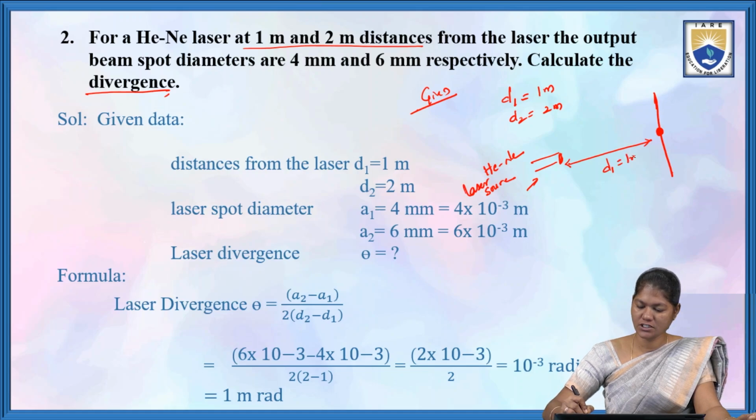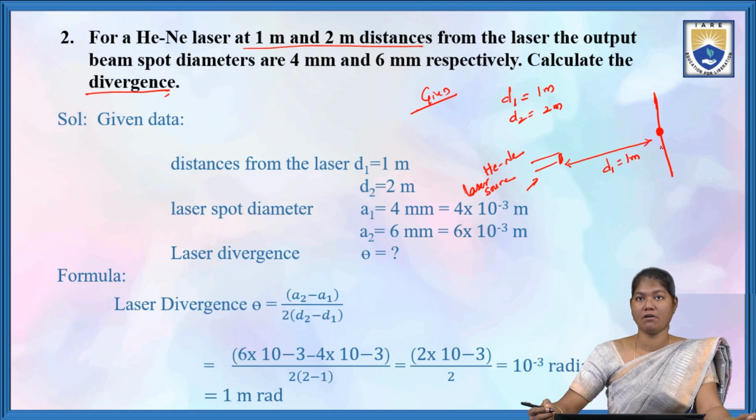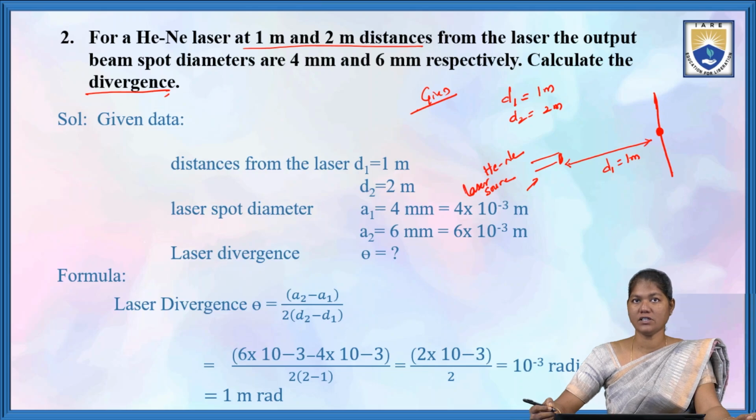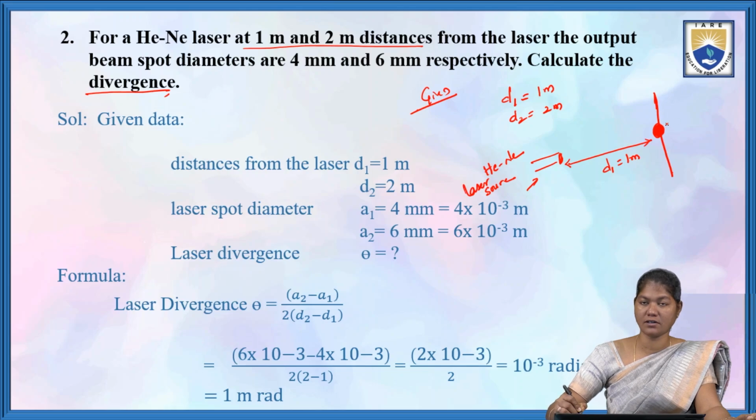So D1 is 1 meter. When the distance D1 is 1 meter, the spot diameter, let's suppose A1, is equal to 4 millimeters.